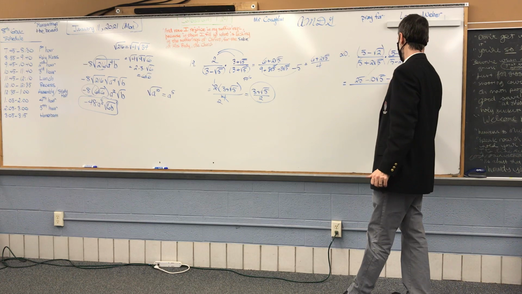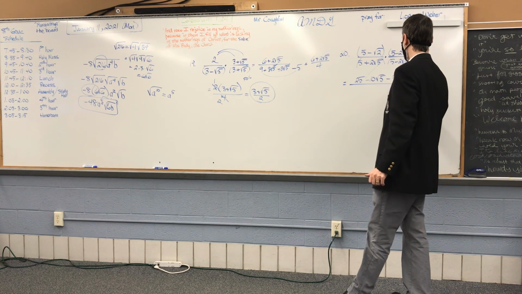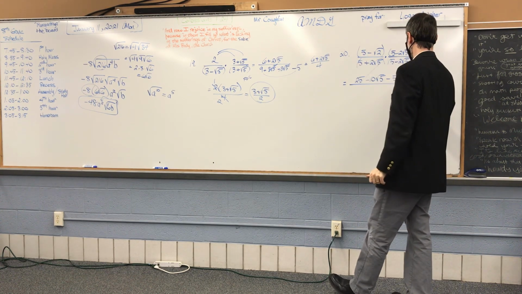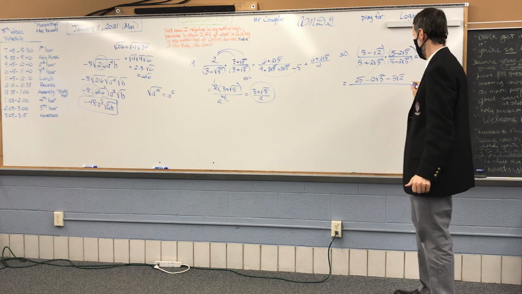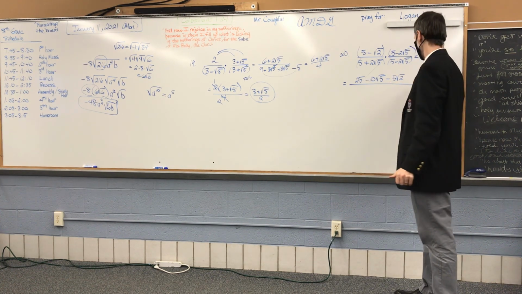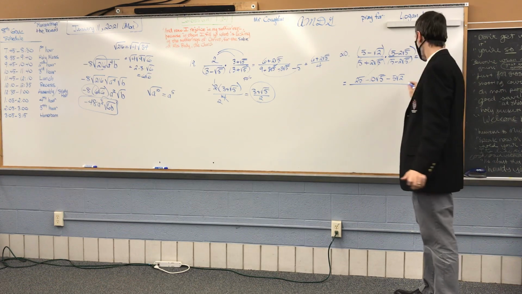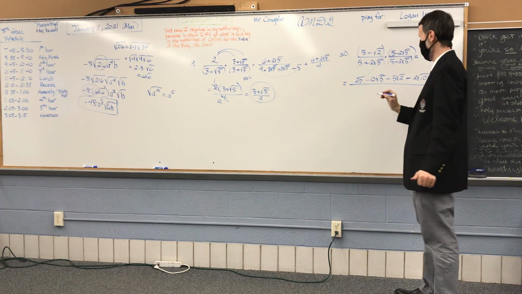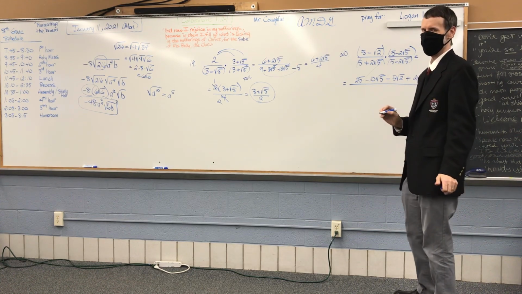Minus 5 radical 2. Okay. Oh, right, it would be 2 radical 10. Plus or minus? Plus. Plus, yes, 2 radical 10. Radical 10 is a radical is a radical. Now comes the bottom.